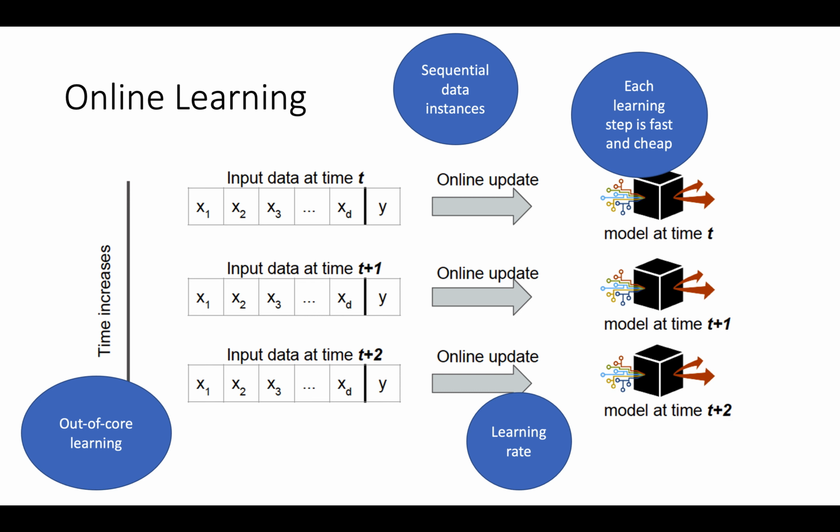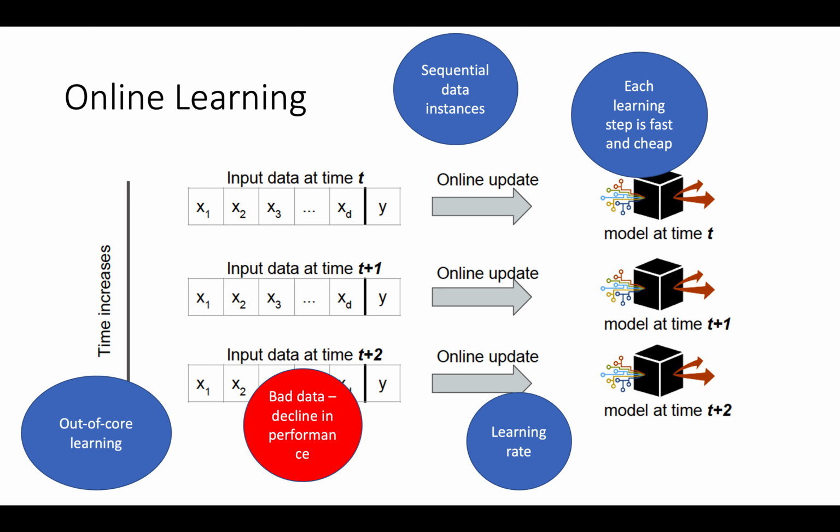Well, it's not all beautiful and rosy. There's a big challenge with online learning, and that is if bad data are fed to the system, then the system's performance will gradually decline. If you're talking about a live system, your clients will notice. For example, bad data could come from, I don't know, a malfunctioning sensor on a robot, or from someone spamming a search engine to try to rank high in search results.